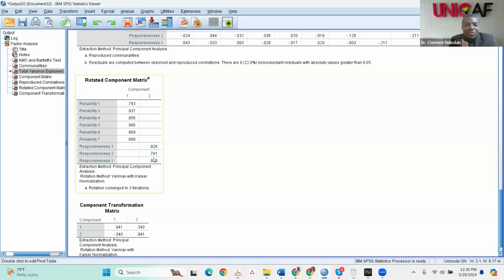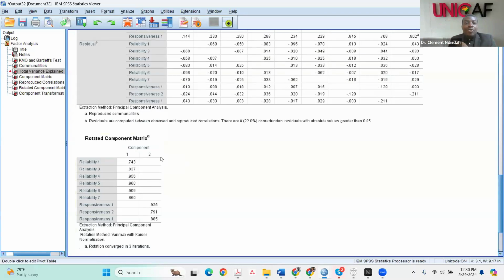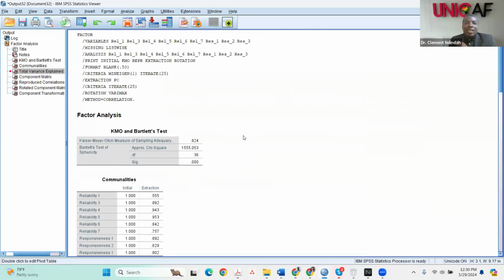And then this set of questions also would be good for measuring responsiveness. So when you are reporting your exploratory factor analysis, generally we report this particular table. We report our KMO, the Kaiser-Meyer-Olkin measure, and we report our Bartlett's test of sphericity.